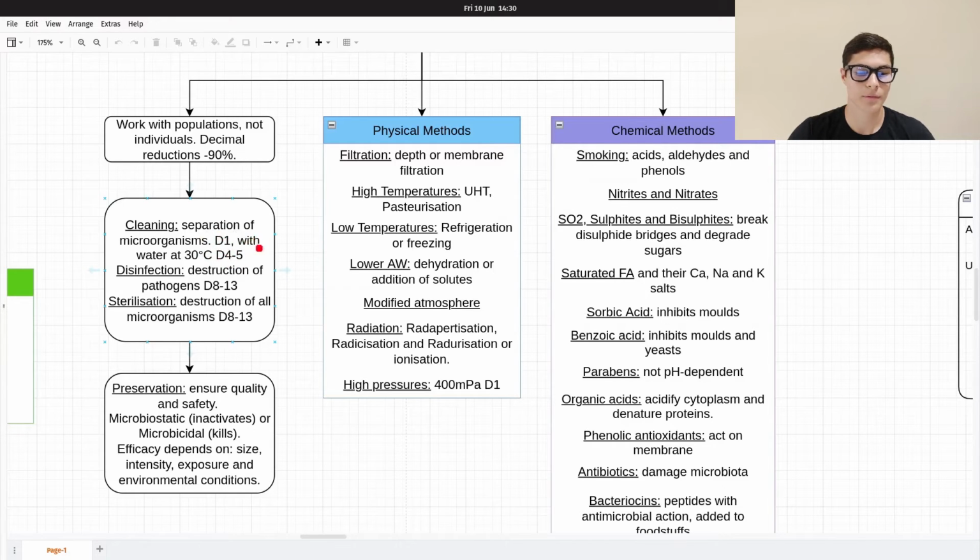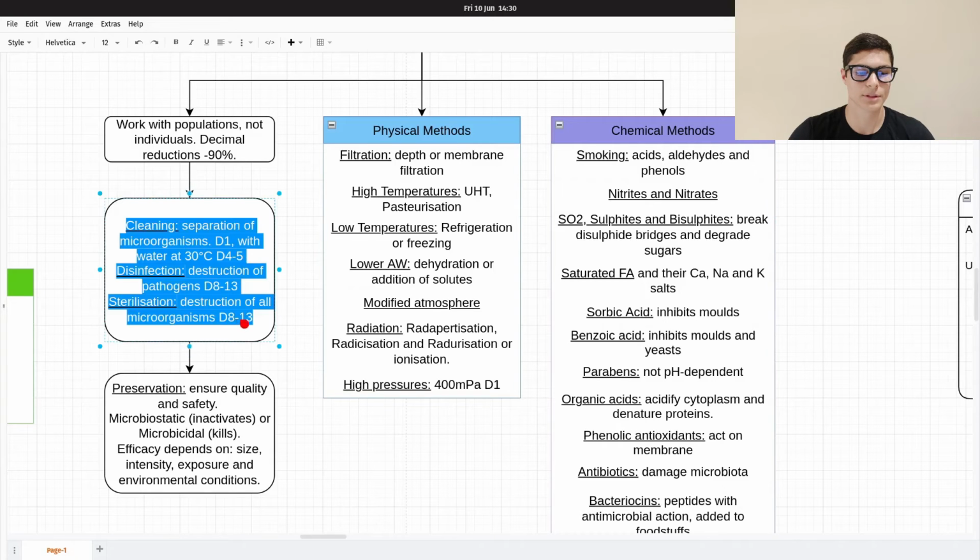But if we use water at 30 degrees Celsius, we will get from 4 to 5 decimal reductions. Disinfection is the destruction of pathogens, from D8 to D13. And then sterilization is the destruction of all microorganisms.